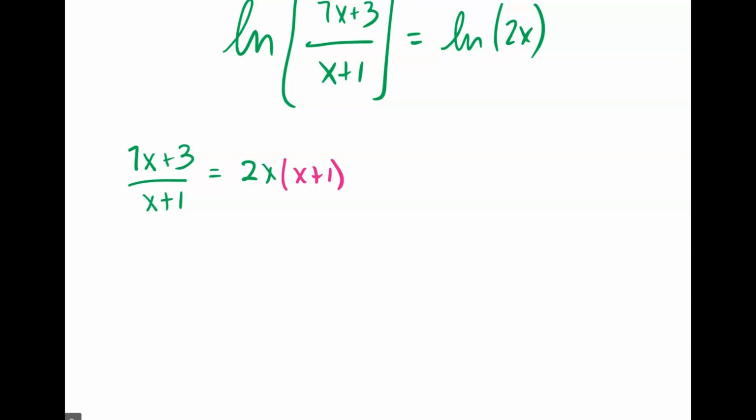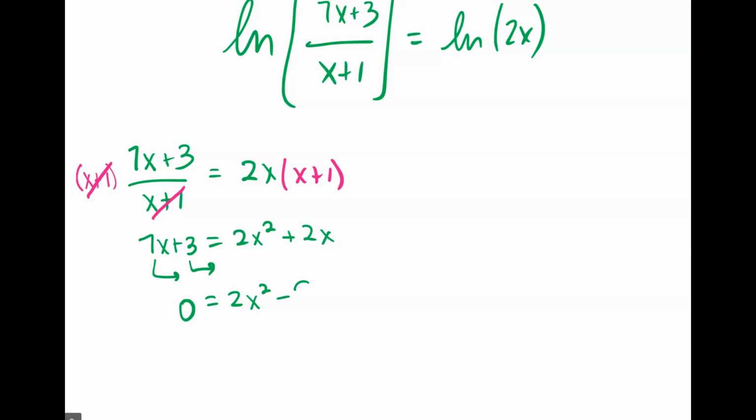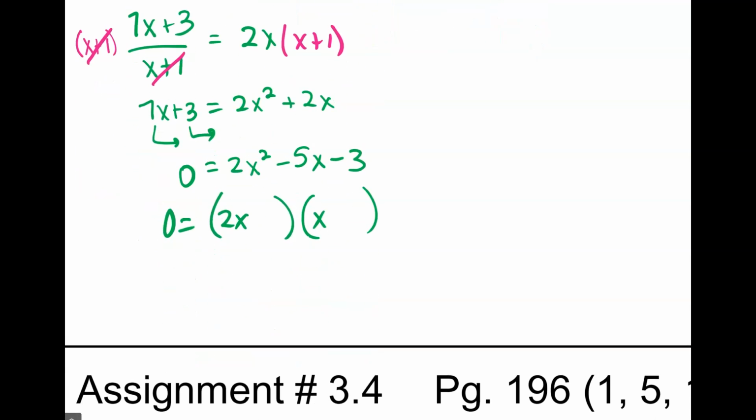Multiply both sides by x plus 1. Move these over to the other side. And then we have to factor. So I'll wait a moment. Should you try factoring this yourself?